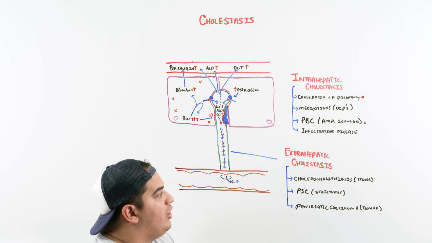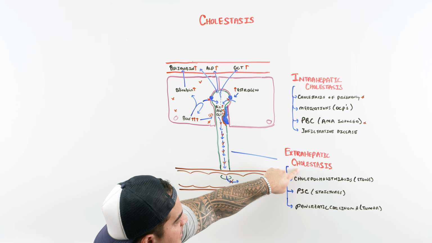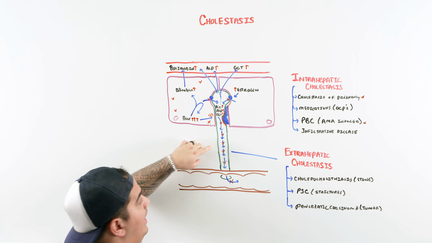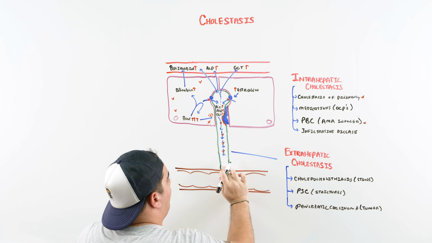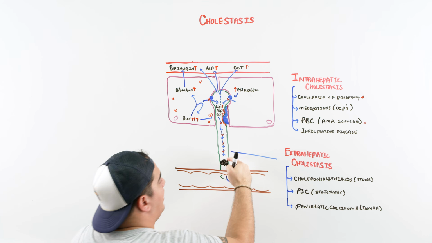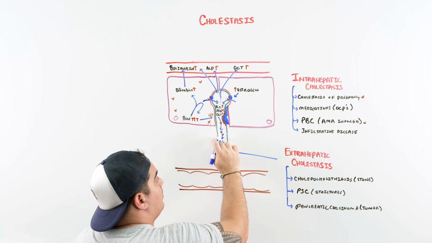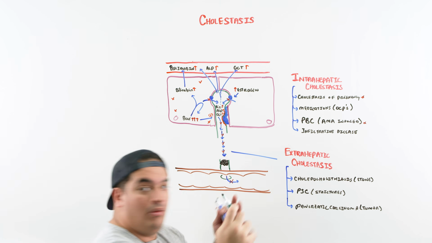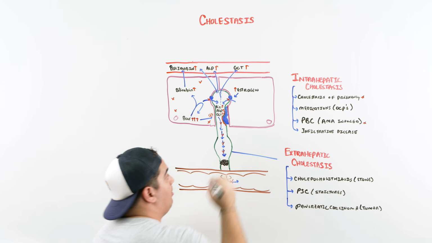And that'll cause the bile backflow. The big thing to think about here is that with extrahepatic cholestasis, for all of these, something is obstructing the flow. So if you obstruct flow, let's say right here, I'm just going to use a stone as an example, or it could be any of these situations, everything proximal to this will start building up pressure. And as you build up pressure, you pump open those bile ducts a little bit.